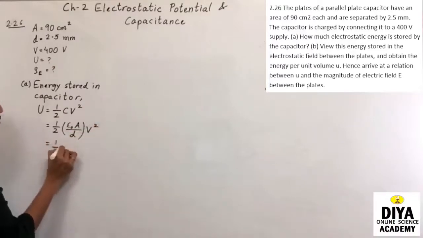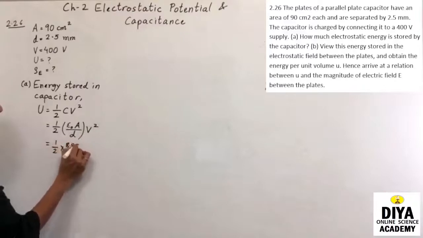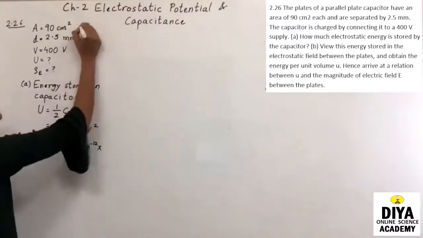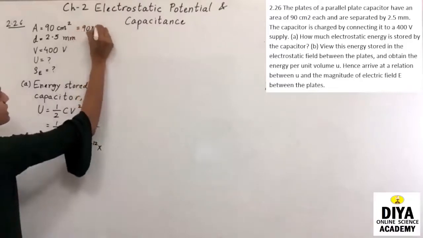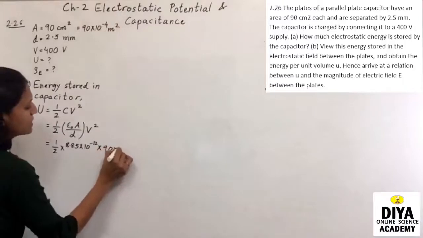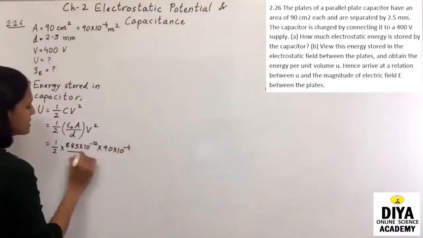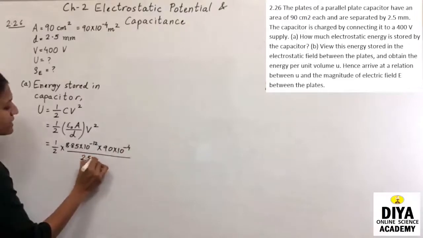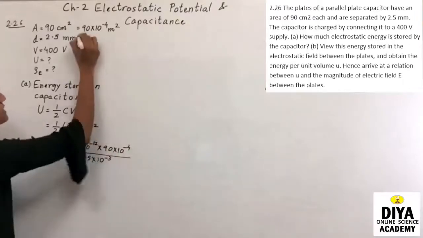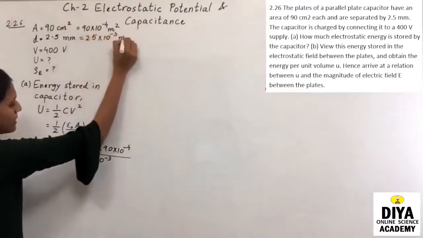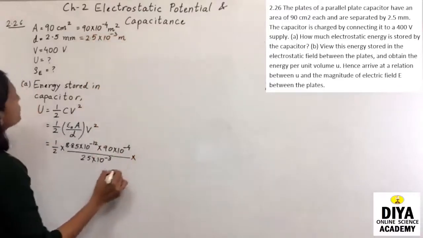So 1 by 2 into epsilon 0, which is 8.85 into 10 raised to minus 12. A is 90 centimeter square, so 90 into 10 raised to minus 4 meter square, divided by D, 2.5 into 10 raised to minus 3, converting it into meter, into V square.